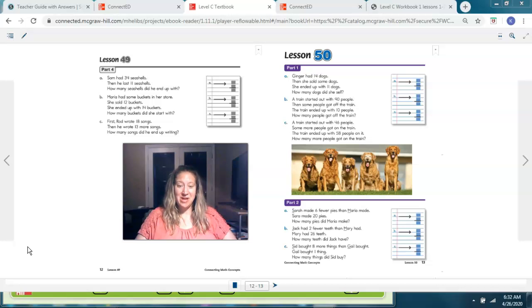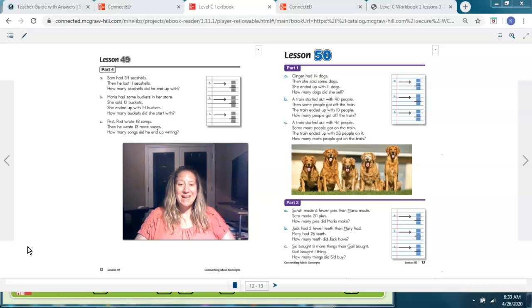So cross off S and change that to 14. Then let's go back and see what else the story tells us about. Is there another number sentence there? There is. The other number sentence says she ended up with 11 dogs. So what did that tell us about? That told us about the end number. So cross off E and replace that with 11.